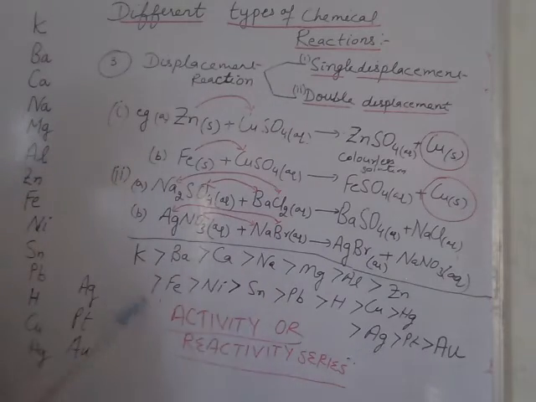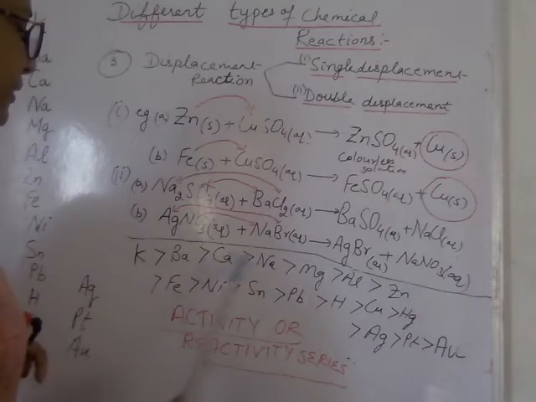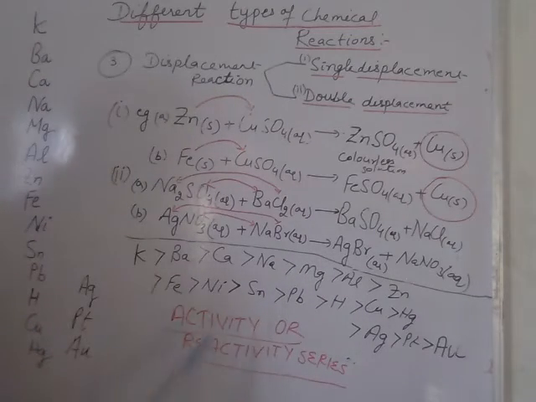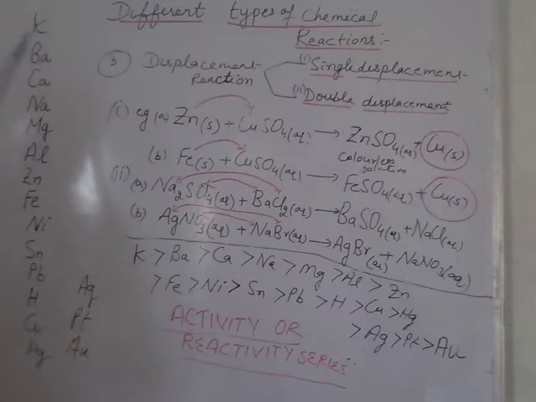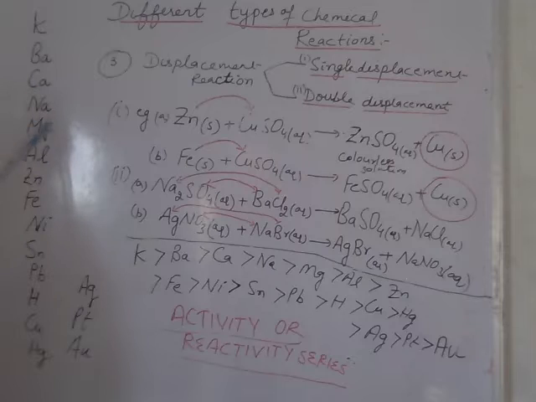Now, this arrangement of metals in order of decreasing reactivity is called reactivity or activity series. So, we can write it down like this also: potassium, barium, calcium, sodium, magnesium, aluminium, zinc, iron, nickel, tin, lead, hydrogen, copper, mercury, silver, platinum and gold.